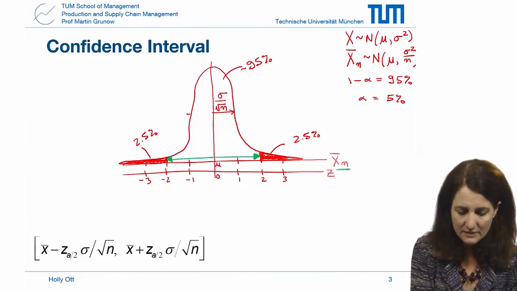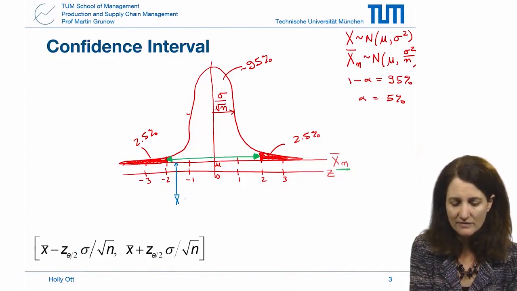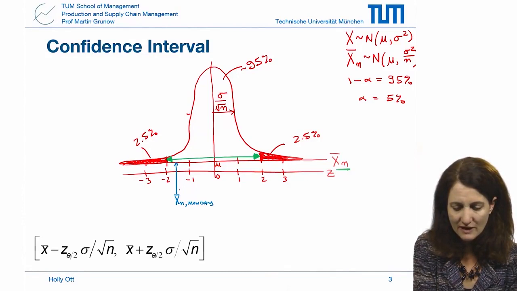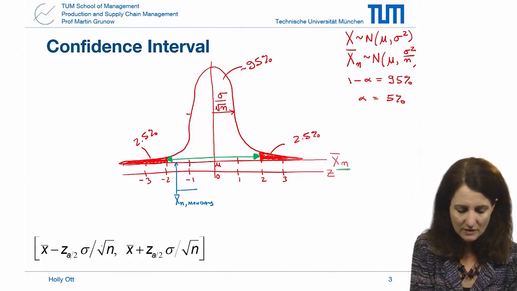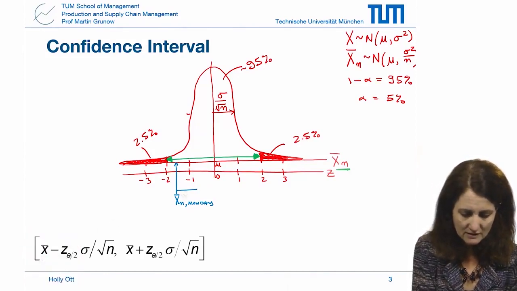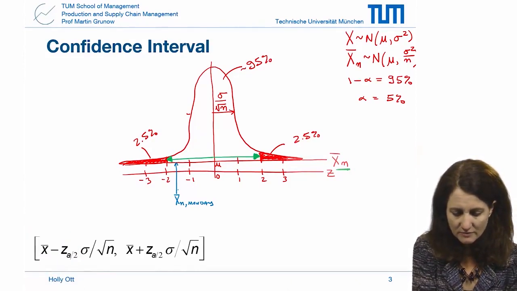So say we come in on Monday, and on Monday we measure a sample average of size n. Well, we can construct about that value an interval of exactly the same length.